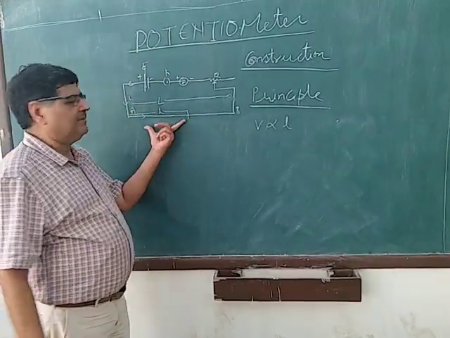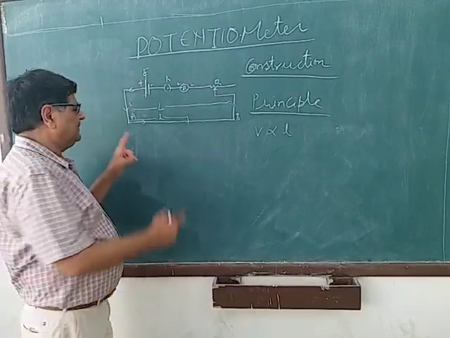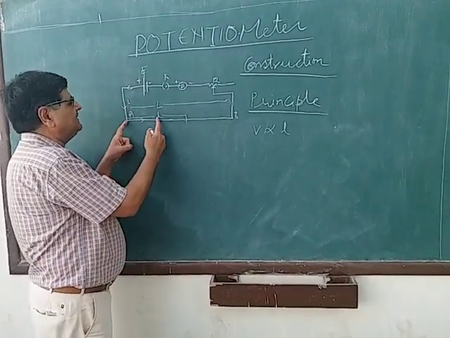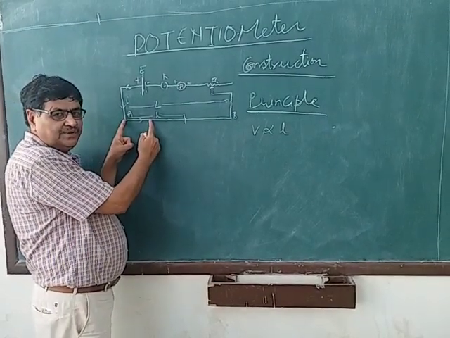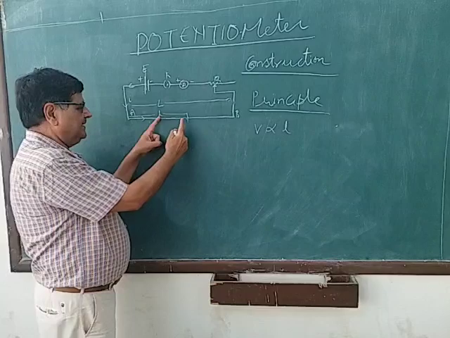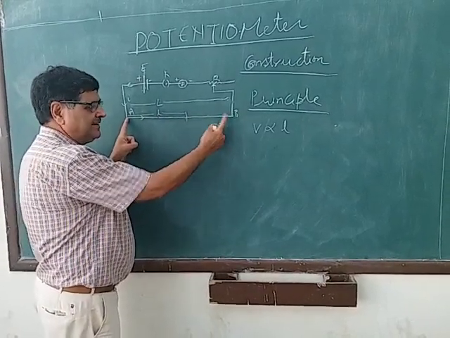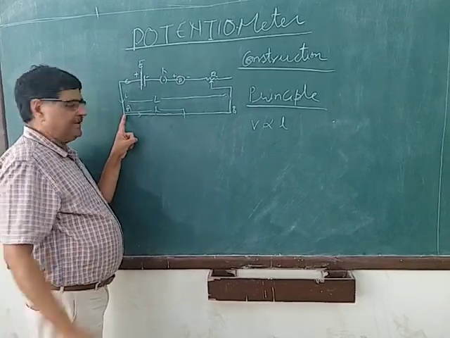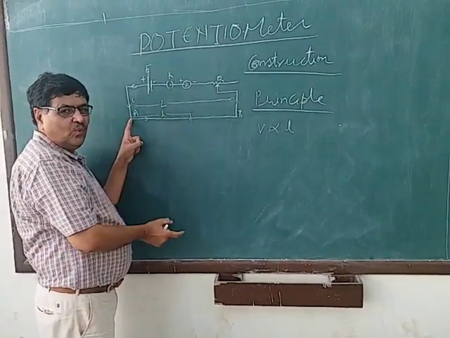Now current starts flowing. You see that the resistance at every point is different, because the resistance between these 2 points will be different, between these 2 points will be different, between these 2 points will be different. Why? Because the resistance depends on the length of the wire.